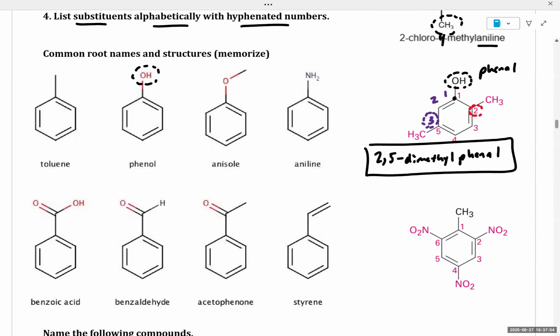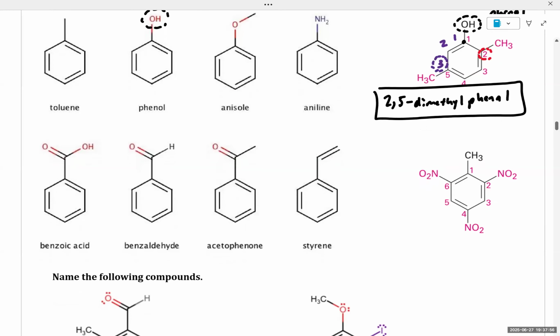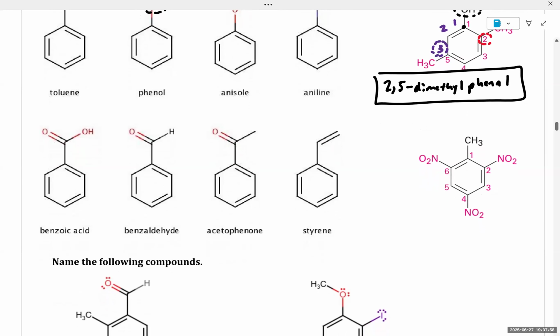Okay, let's keep going now, and I'd like you to try and name the following compound, which you should be familiar with as it's a pretty famous compound. As a hint, we have this CH3 group, so this is a toluene base.